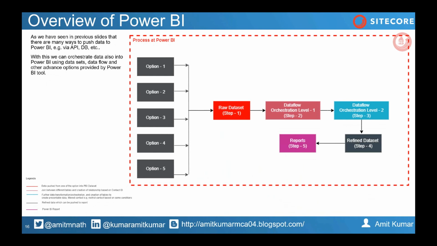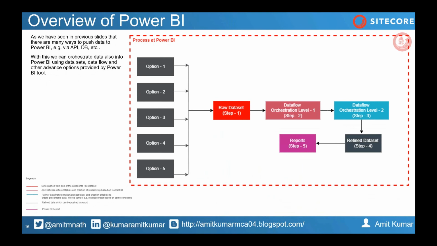A data set is nothing but a collection of data tables, right? So generally what people will do is create a replica of the actual Sitecore database in Power BI.